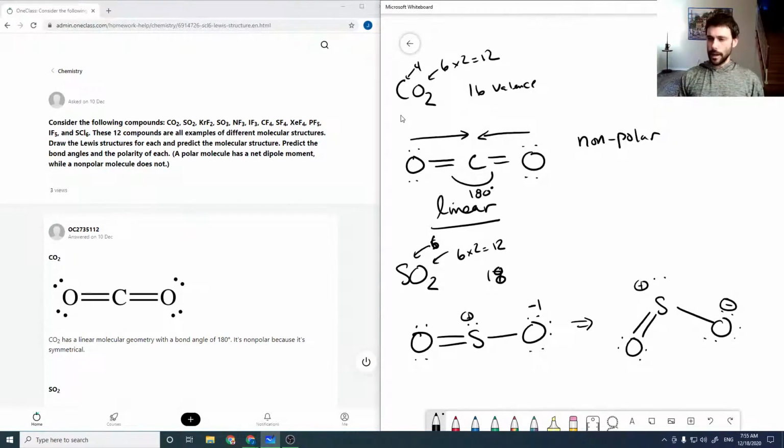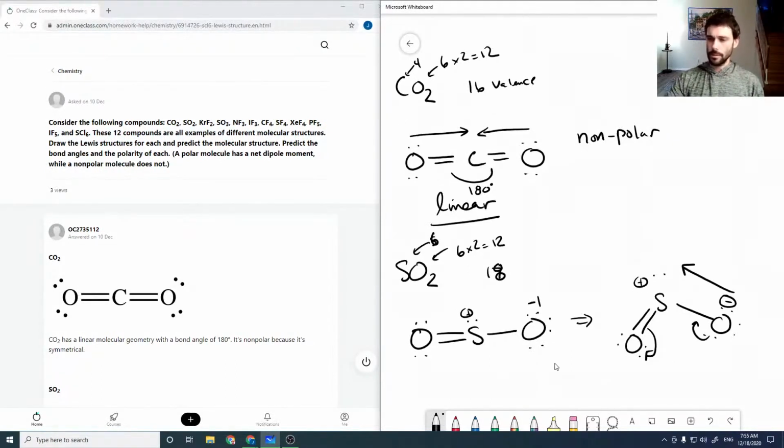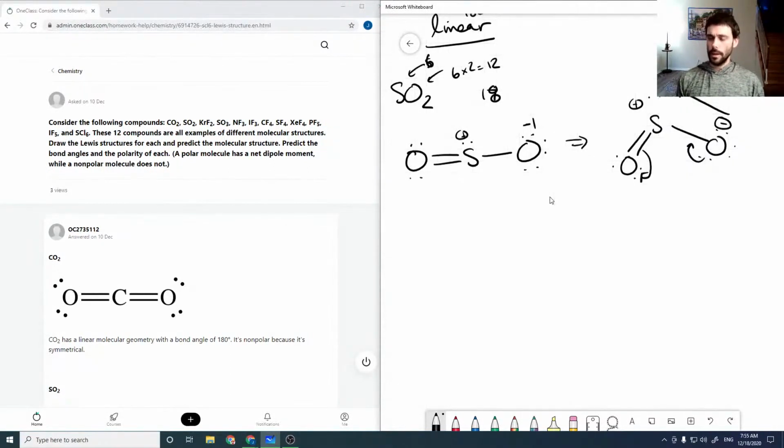We definitely have a dipole along this direction, but of course, because of the resonance structures, this charge is actually being shared, giving us a dipole along both bonds.